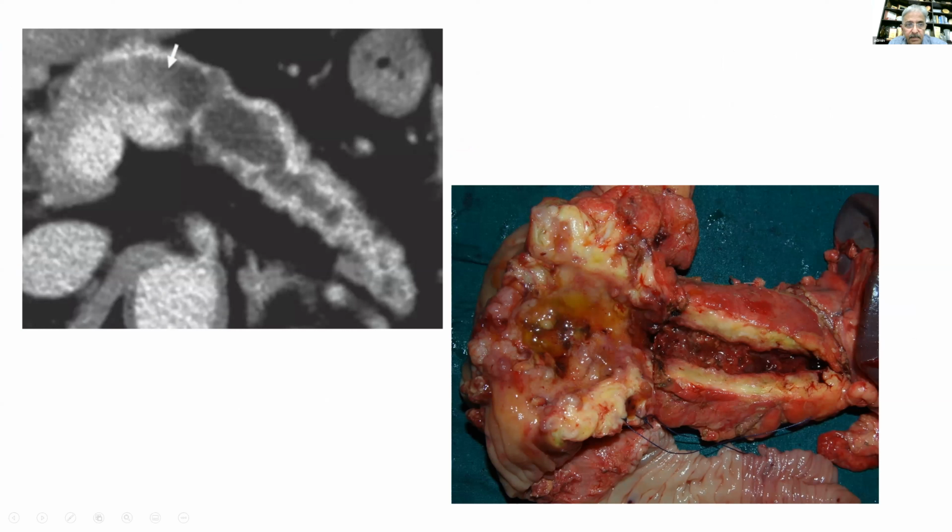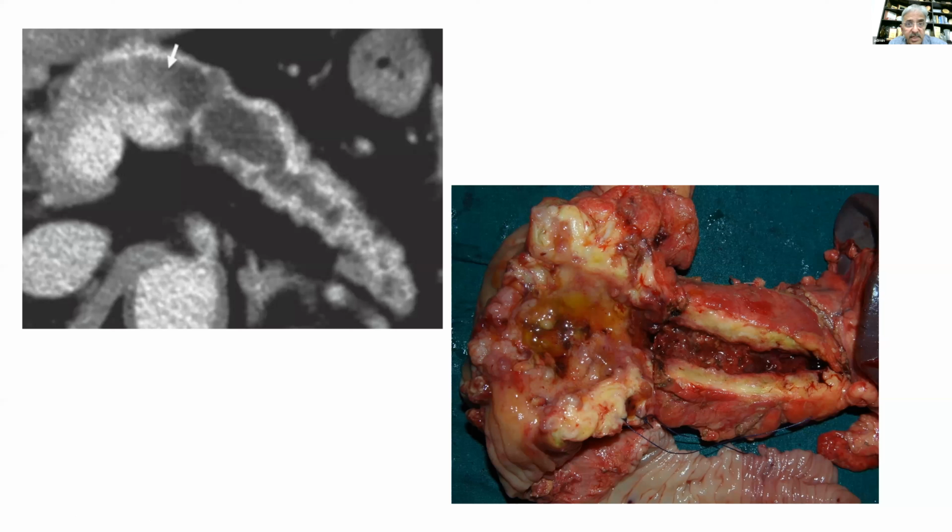So this is the famous Fukuoka guideline, which is published for IPMN, the Japanese being pioneers and leaders in teaching us how to manage these patients.